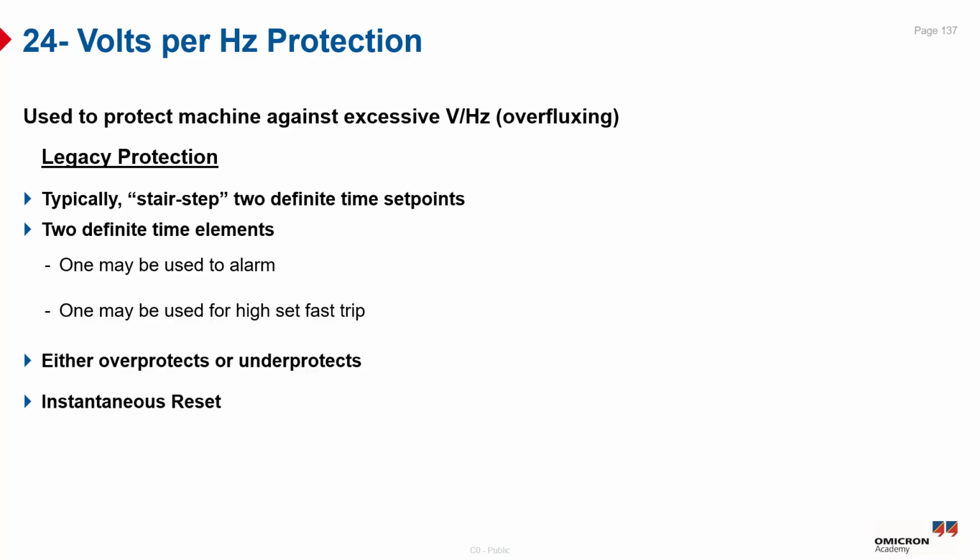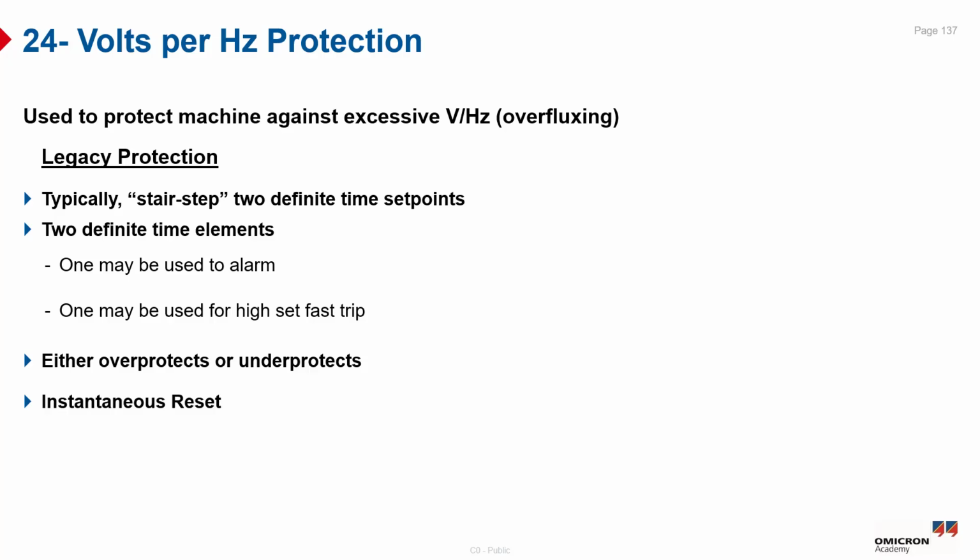In legacy protection schemes, this was typically implemented using a stair-step approach with two definite time set points. One element might be used for triggering an alarm, while the other provides a fast trip for a high overflux condition. However, such schemes often either overprotect or underprotect the machine.